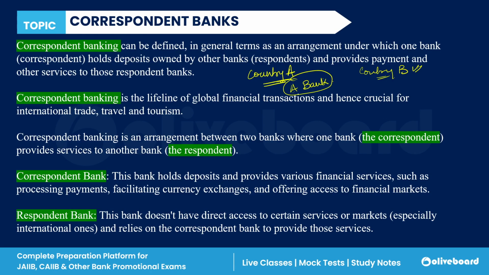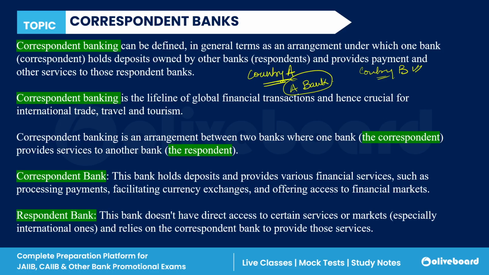So my bank has a partner bank in country B, because they don't have an actual branch, so they tie up, or there is a partnership with another bank in that country B, which is called the correspondent bank. Now the correspondent bank receives money from the respondent bank. The respondent bank is my bank, the correspondent bank is the other country's bank. Then that bank gives money to my friend who is living in that country.